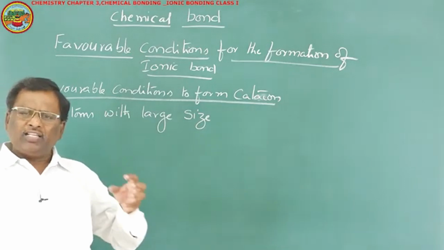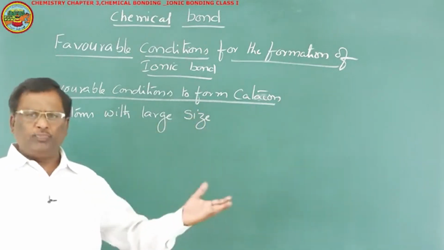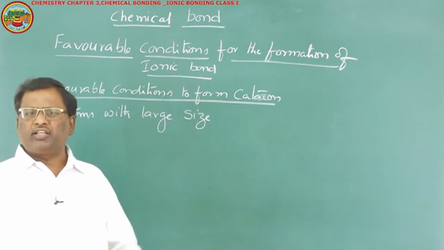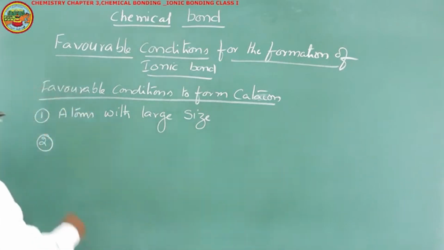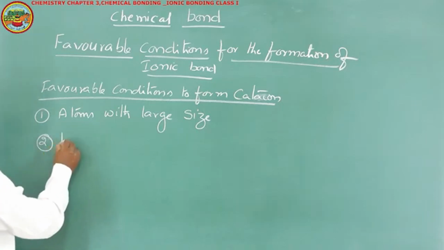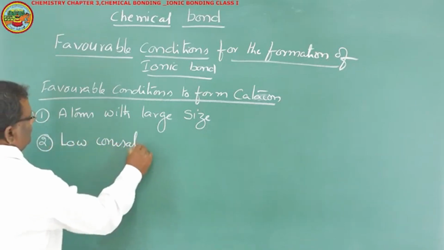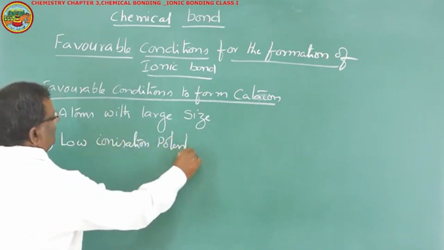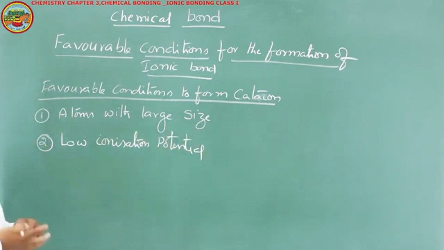So atoms with low ionization potential values, obviously large size atoms will have low ionization potential, can easily form a cation.